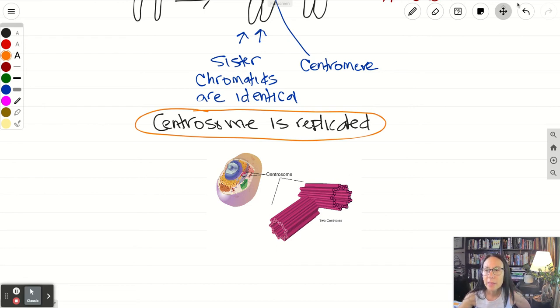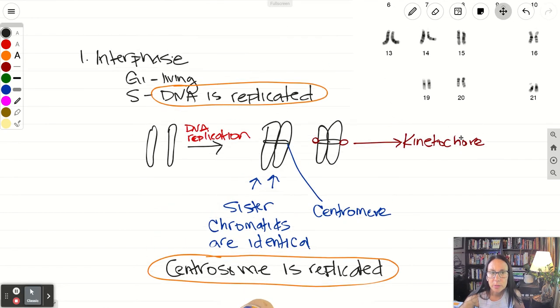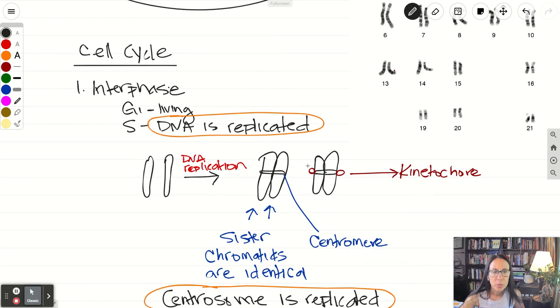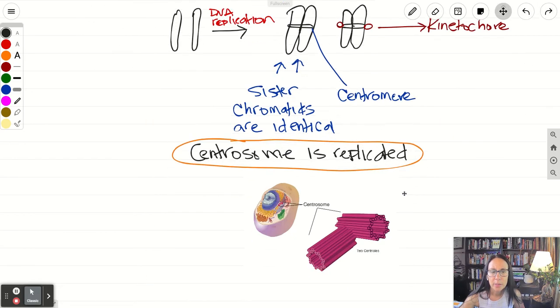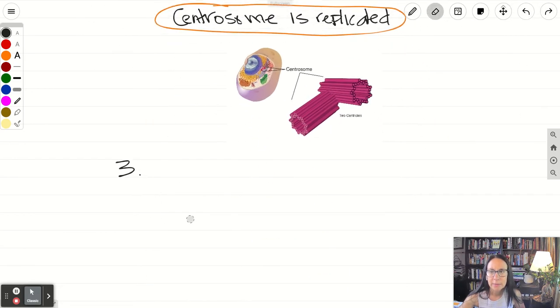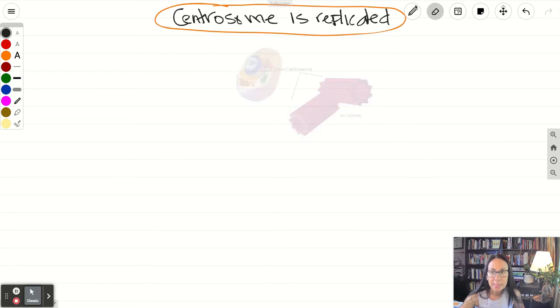Okay, then the cell goes into the next phase, which is G2. Interphase is G1, S, and G2. Trying to keep my outline consistent.